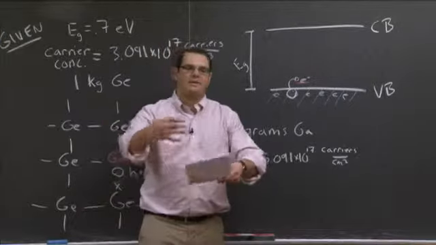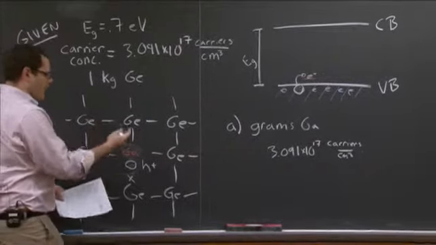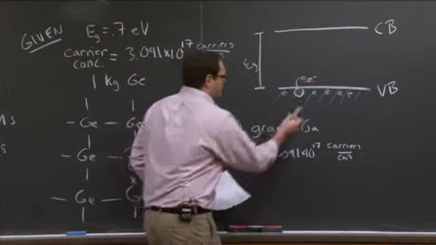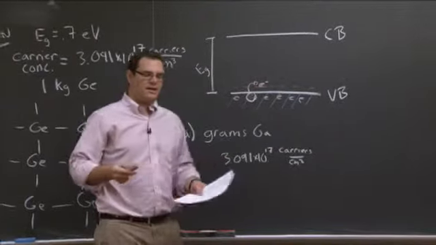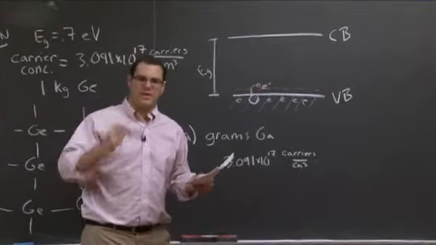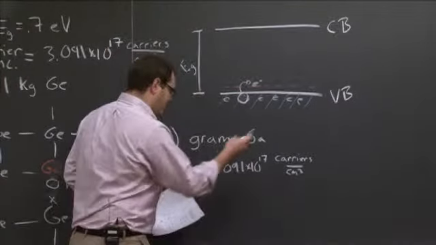Now, if we add lots and lots of gallium atoms, we're going to actually see many more of these levels showing up. And you're going to get what looks like almost a very thin band, an acceptor band or acceptor level there.